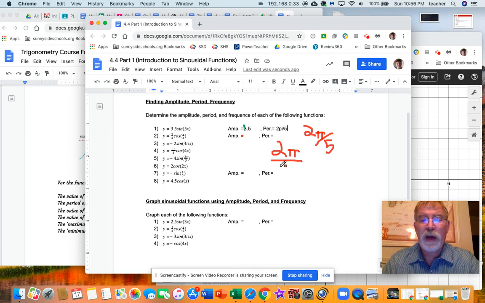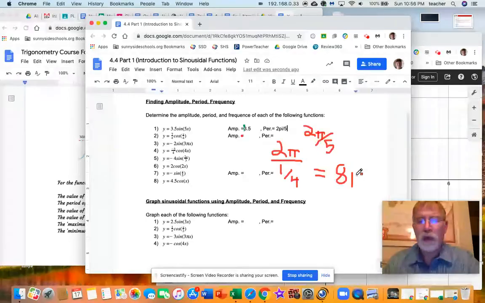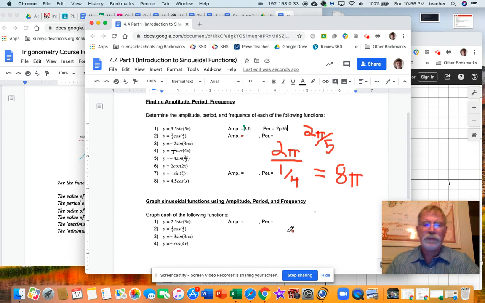So it's 2 pi divided by 1/4. Now, using the rules of algebra, dividing by 1/4 is the same as multiplying by 4. So 2 pi times 4 is 8 pi. There it is.